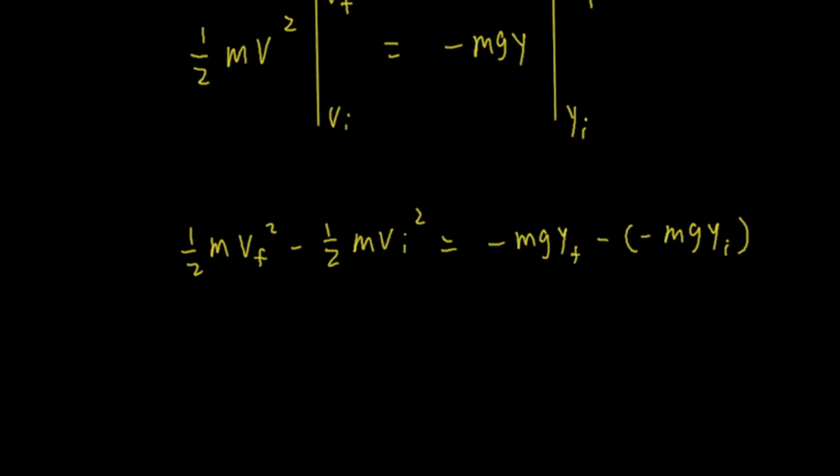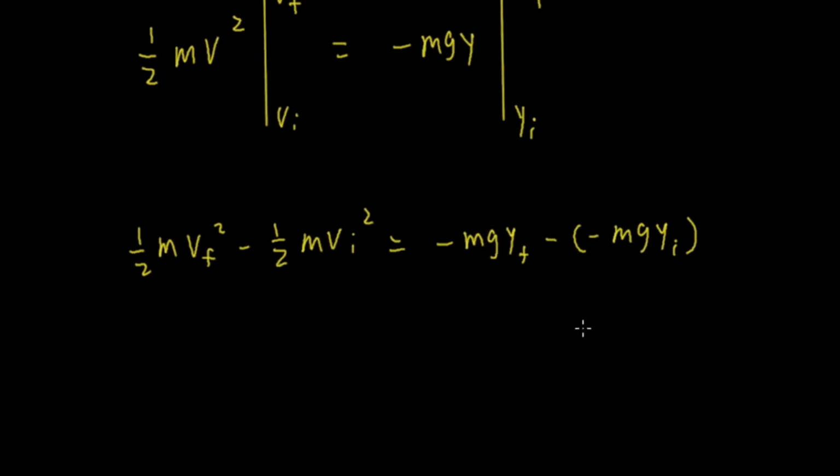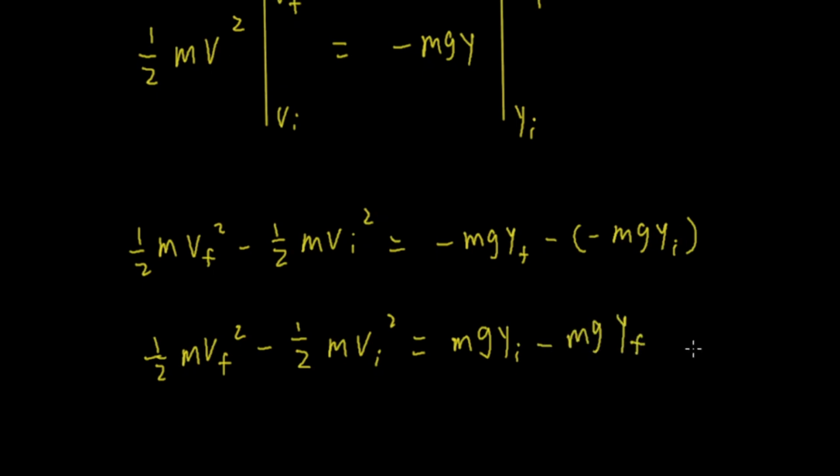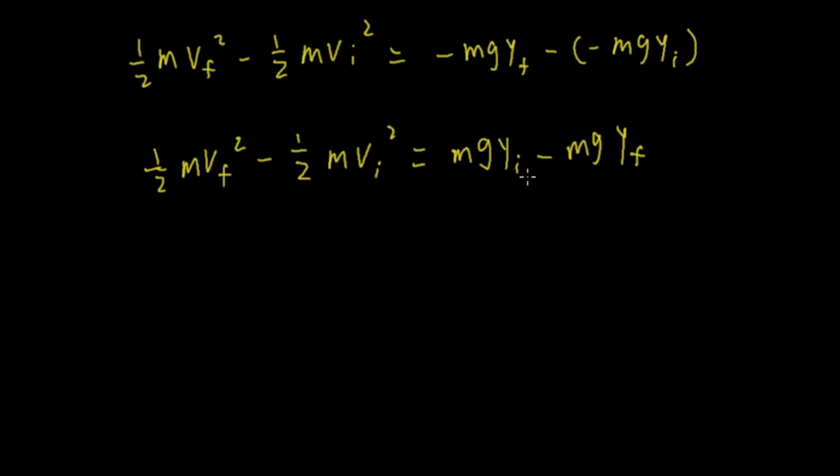And we know that minus negative is plus, so we can rewrite this as half m v final squared minus half m v initial squared equals mgy initial minus mgy final.